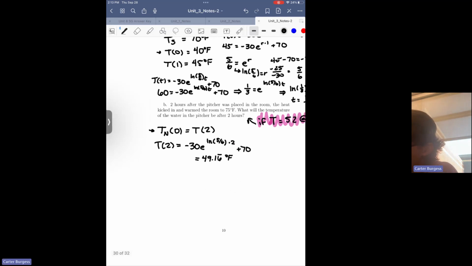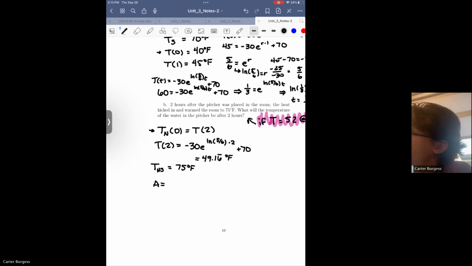All right. What is our new, I'm going to label this as T sub NS for the new surrounding temperature, just again to be consistent with this notation. What's our new surrounding temperature here? That's 75 degrees Fahrenheit. And so what is our value of A going to be? Yeah, this is going to be that 49.16 repeating minus 75.